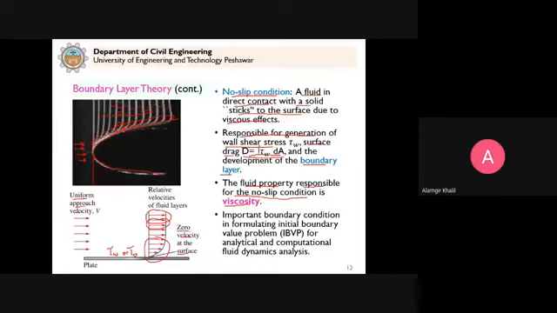And this concept which I am trying to explain is a very important boundary condition in formulating initial boundary value problems for analytical and computational fluid dynamics analysis.